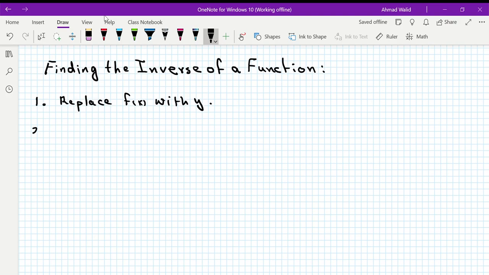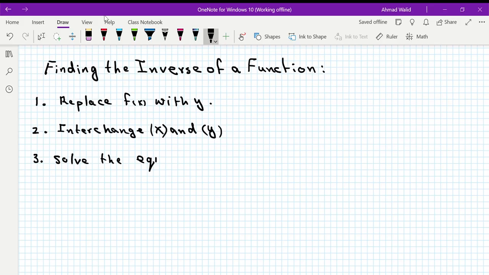Step 2. Interchange x and y. Step 3. Solve the equation for y.